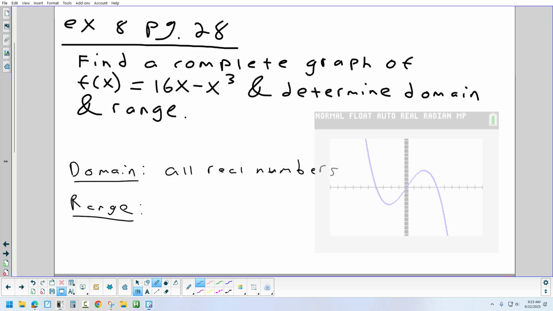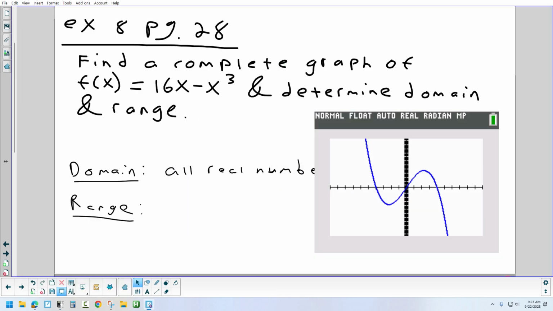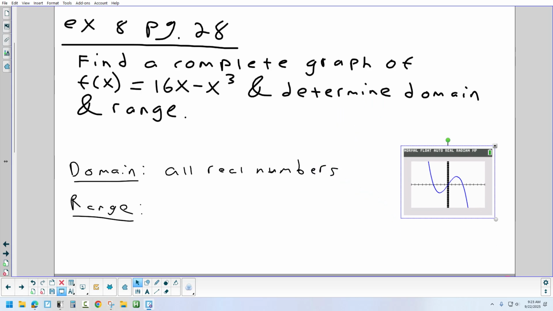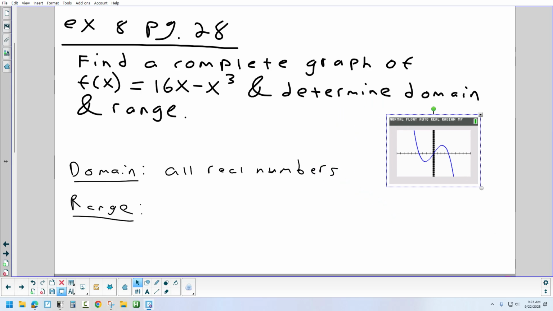Okay, so we haven't learned a lot about graphing things that have an exponent of 3 yet, but that is a very typical looking graph. This part will continue that way, and that part will continue that way. It is not going to turn again. And there's a way that I know it's never going to turn again, and we'll talk about that.